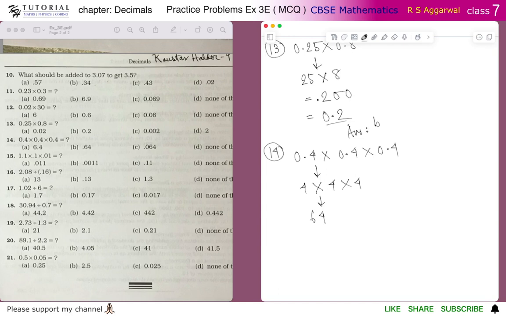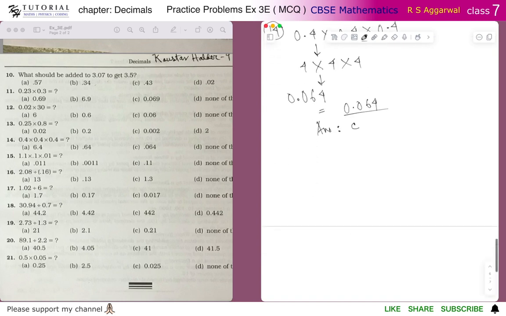The decimal places of each decimal number is 1, so the sum of the decimal places is 3. So we have to put the decimal point in 64 in such a way that its decimal places become 3. So the decimal point will be here. So the result will be 0.064, and the choice is C.